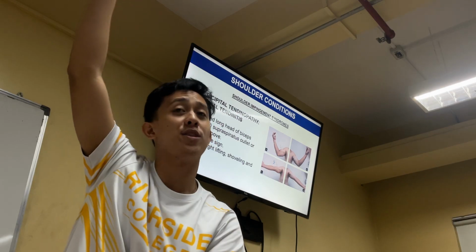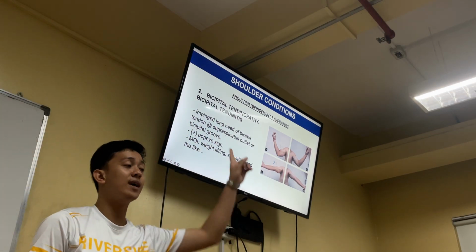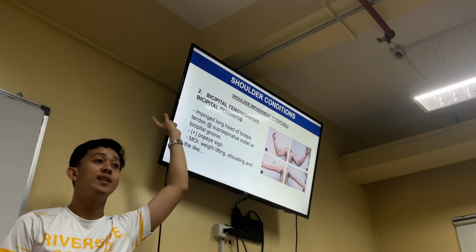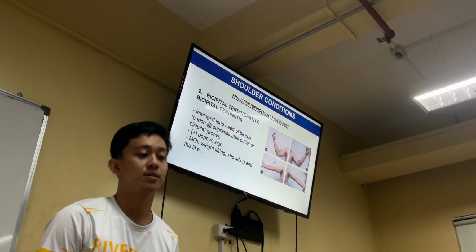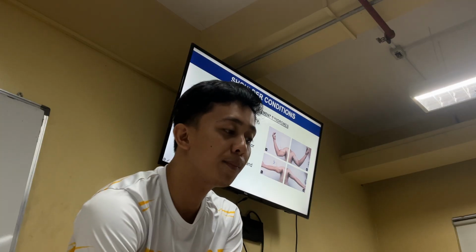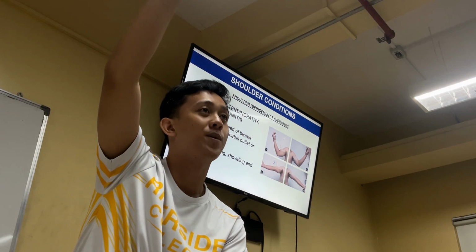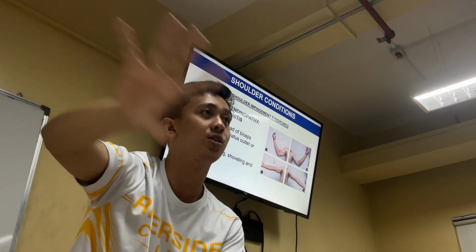Since this is tendinopathy, I included the Popeye sign because it's bicipital tendinopathy, so it may include your bicipital tendon rupture. Okay, and in the part of the guidance on bicipital tendinopathy, that's a broader, very general term.